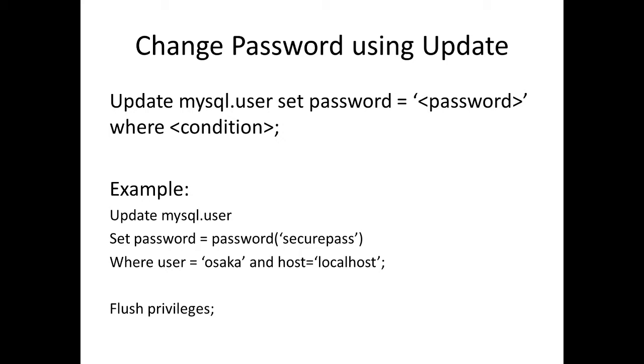So an example is update mysql.user set password equal to, and then we use this function for hashing. So the password function will hash the secure pass, because that is how passwords are saved in this table. Where user equals Osaka and host equals localhost, and then after that we flush privileges.